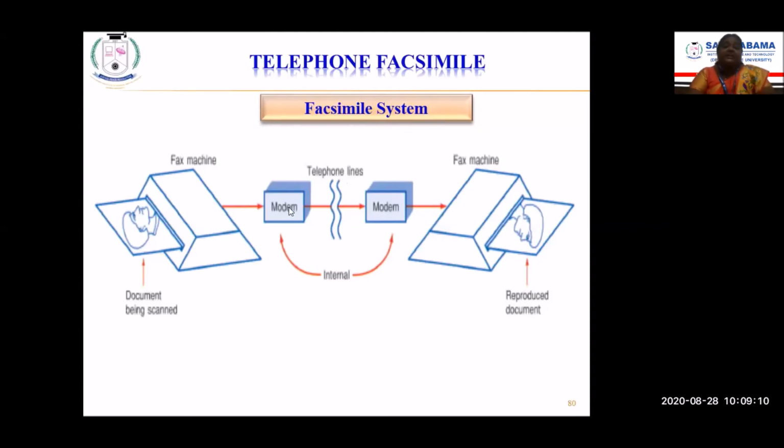Before the transmission, it does modulation, and at the receiver side, it does demodulation. The modulated signal is transmitted via the telephone lines, and at the receiver side we reproduce the received document with the help of the plotter. It is being printed here. So this is the simple block diagram of a facsimile system.